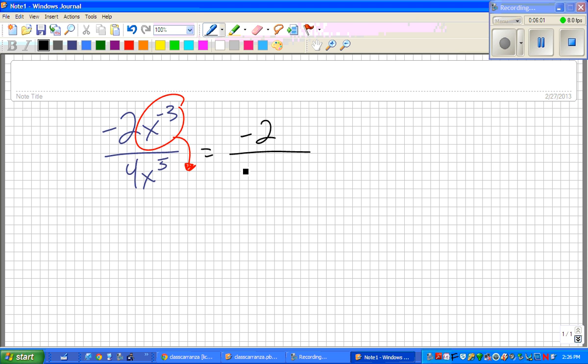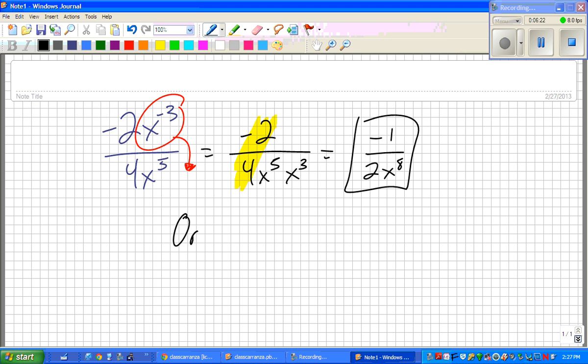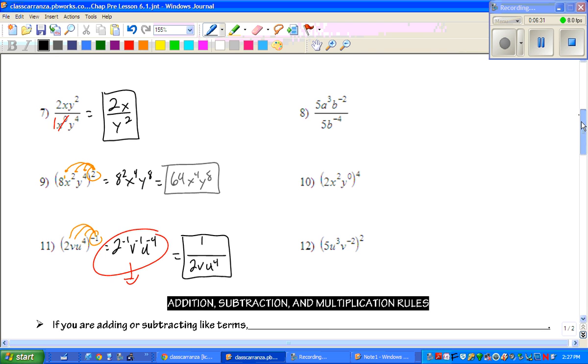So you would have negative 2, 4, x5, x cubed, and when we reduce that, that is negative 1 over 2, and then combine your x's. Okay, so only move the negative exponent. That's it. Okay? Alright.